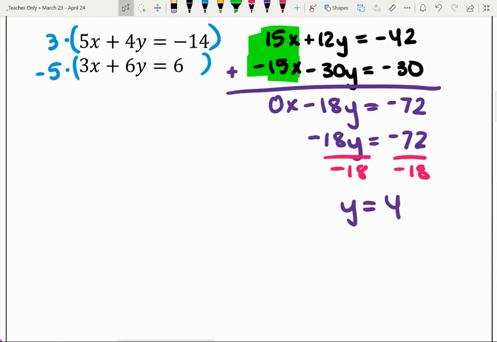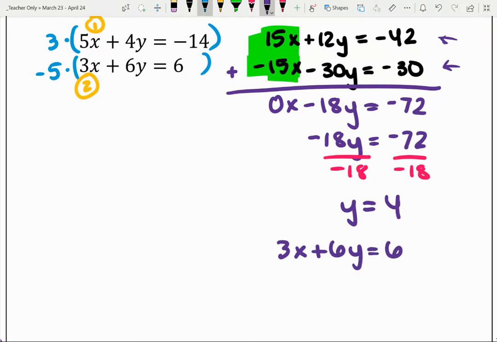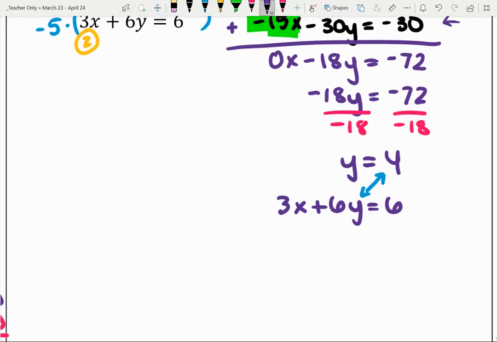And then when I find my x value, I could use my newly formed equations, but it's a much better habit to go right back to the original first and second equation. So I'm going to use that second equation, 3x plus 6y is equal to 6, and I'm going to substitute 4 for my y value.